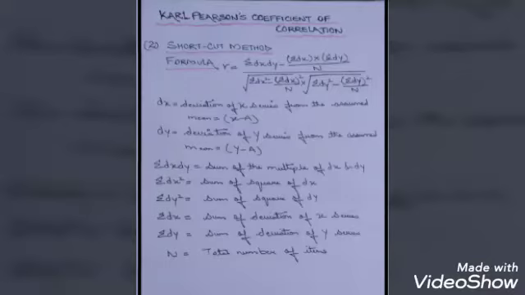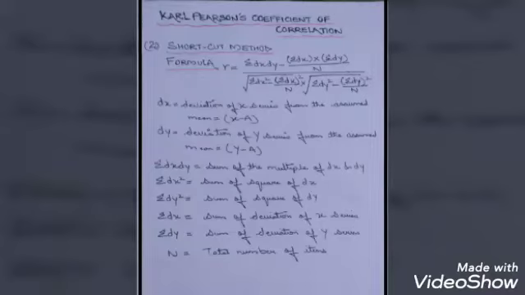So children, to find the coefficient of correlation by the Karl Pearson method, the formula which you will be using is as follows. It goes like this. You know that the coefficient of correlation is denoted by r.